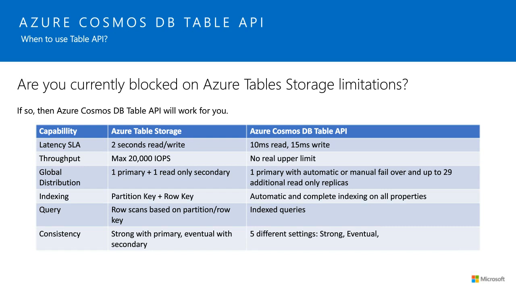For table storage, you have strong with primary and eventual with secondary, whereas Cosmos DB, one of its key differentiators, is the fact that it has 5 different settings: it's a spectrum that goes from strong to eventual with a few options in between. These topics have already been talked about before.